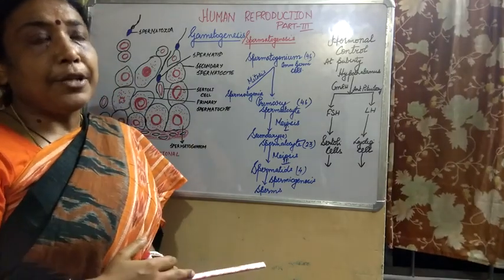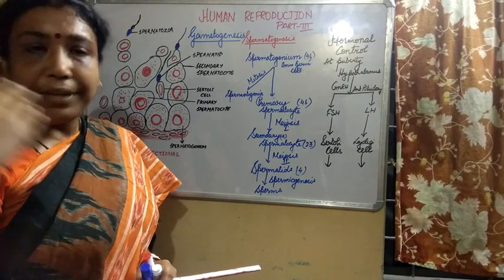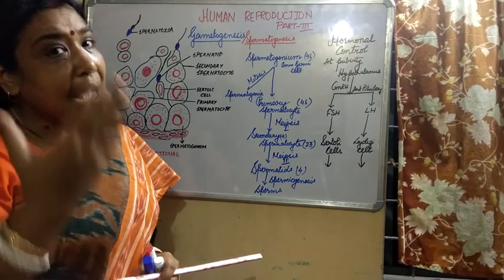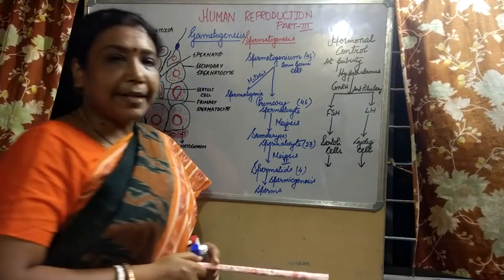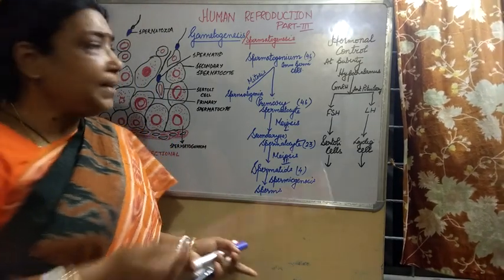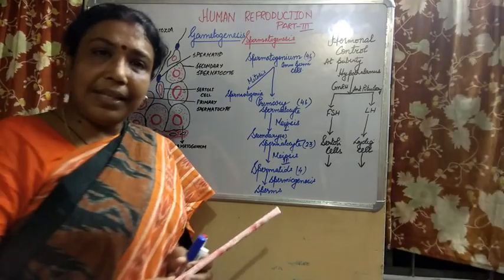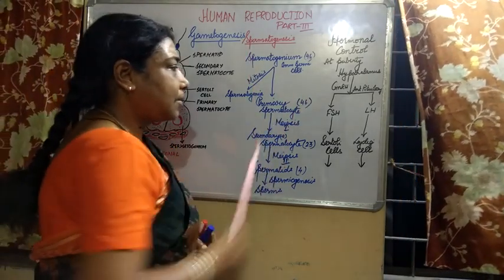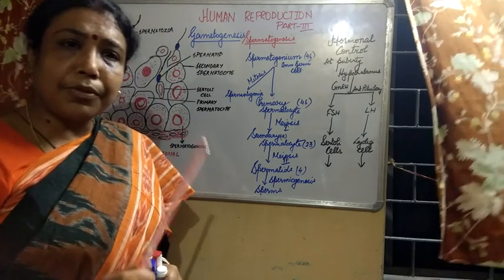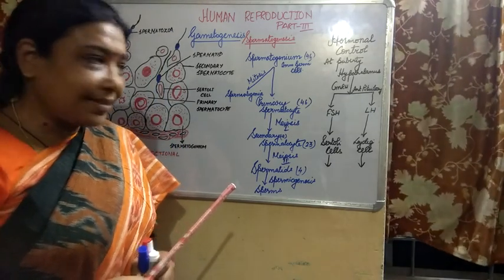Then some of them will undergo differentiation and change themselves into primary spermatocyte. They are simply the spermatogonia that have got differentiated. This also has the same number of chromosomes, that is 46.